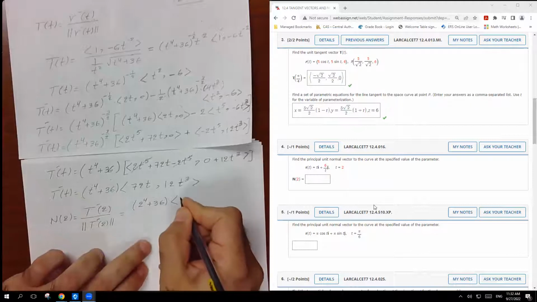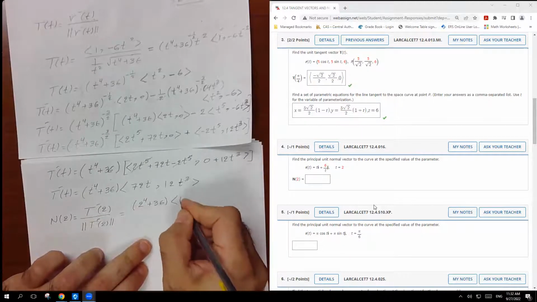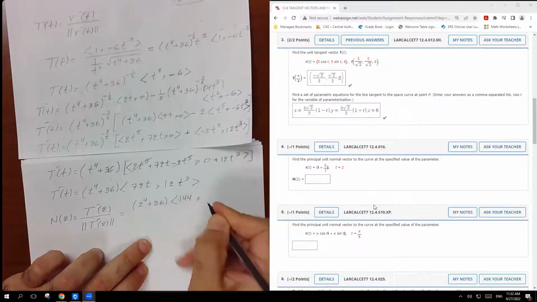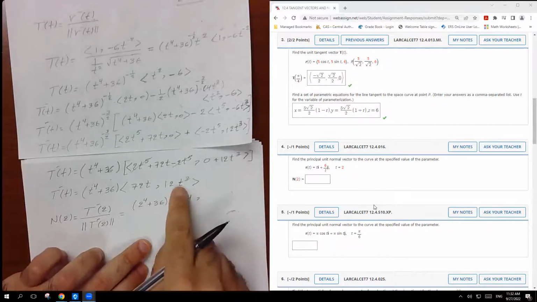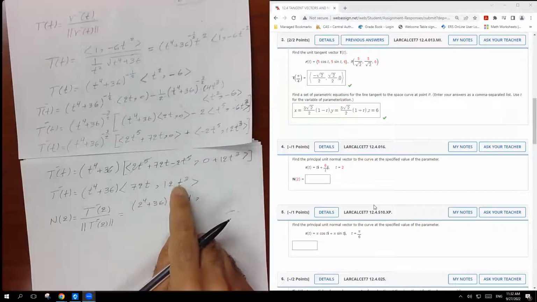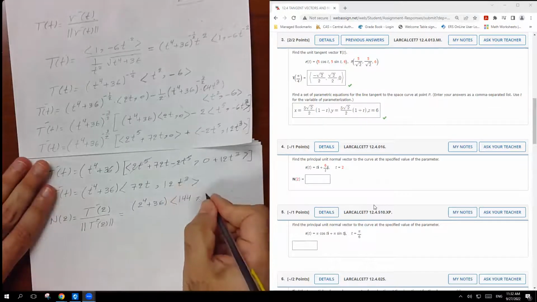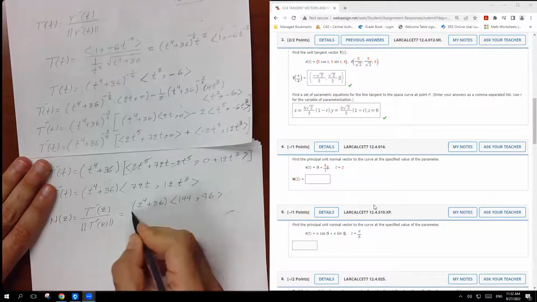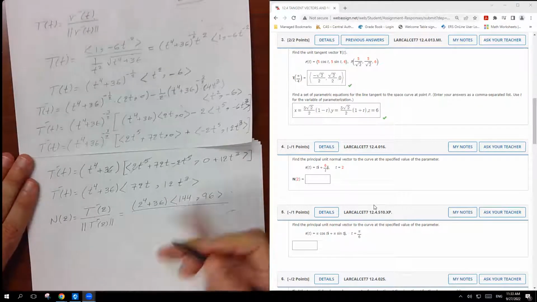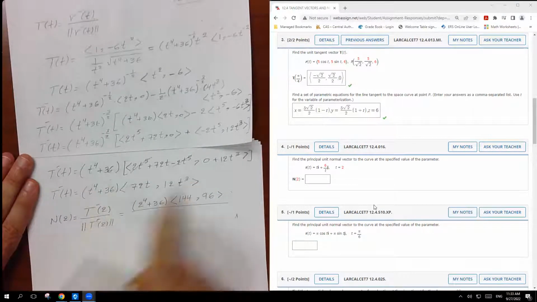And here is going to be 72 times 2, which is 144. And 12 times 8 is going to be 96 over, you see, I'm plugging 2 here.